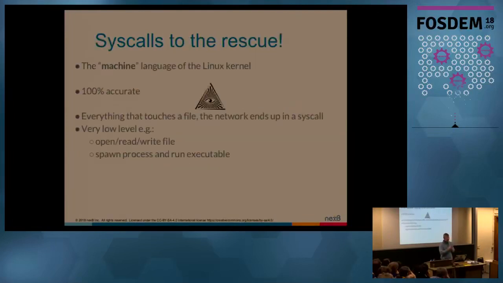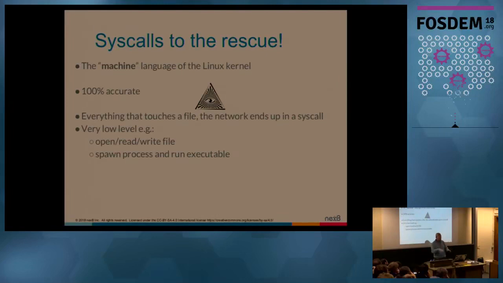And so what's the approach? Syscalls. I'm assuming a lot of you understand what a syscall is, but for those that don't, a simple way to think about system calls is that it's the machine language of the kernel. The Linux kernel in particular, kernels in general. And the kernel typically doesn't know much about what's happening above.